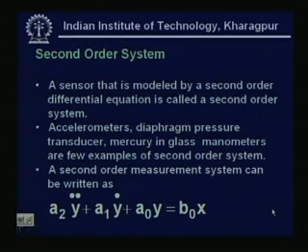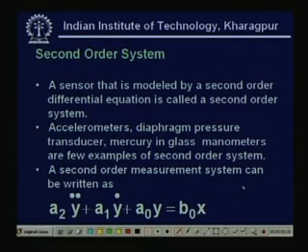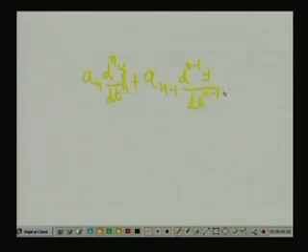If I go back to the nth order differential equation, it looks like: An dn y by dt n plus A n minus 1 dn minus 1 y by dt n minus 1 plus so on, plus A1 dy by dt plus A naught y equal to B naught x.